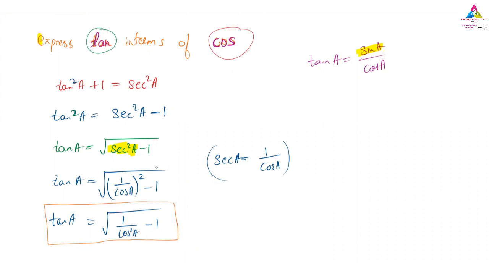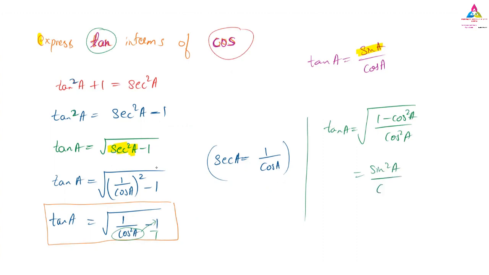The answer is correct. But what you may do is this way. Tan A is equal to root of 1 minus cos square A divided by cos square A, because here you have taken cos square A as the LCM. 1 minus cos square A, you will go again back to sin square A divided by cos square A. And root of sin square by cos square is tan square again.